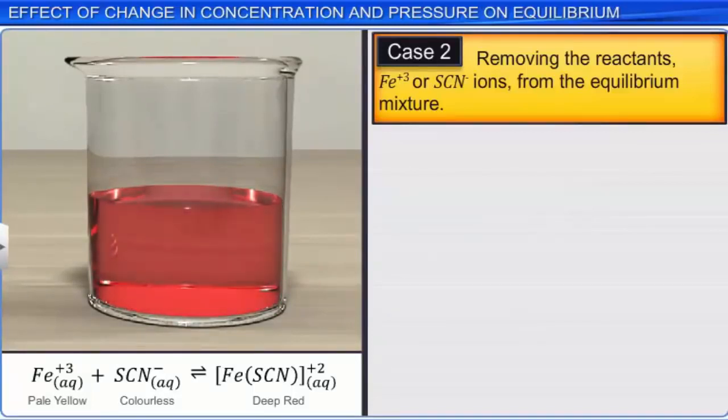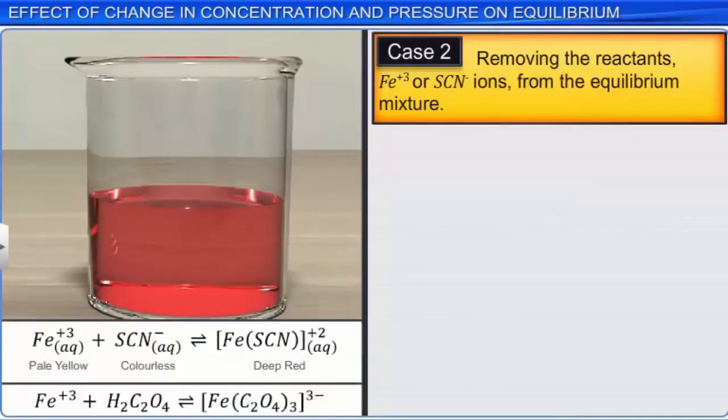Why does this happen? Oxalic acid reacts with Fe+3 ions in the equilibrium mixture and forms a stable complex trioxalate ferrate 3 ion. Due to this, there is a decrease in the concentration of free Fe+3 ions in the solution.